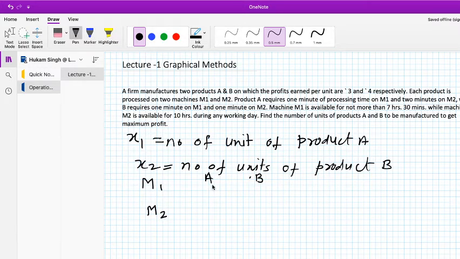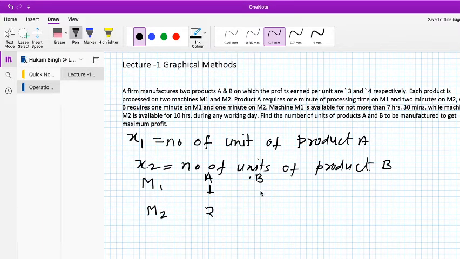It is given that A requires 1 minute of processing time on M1 and 2 minutes on M2.